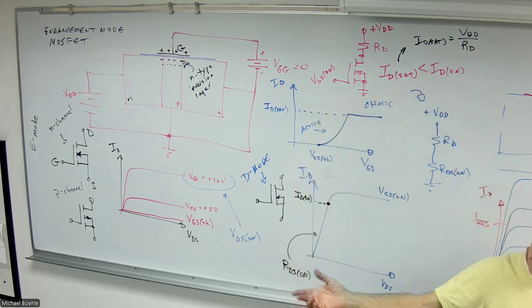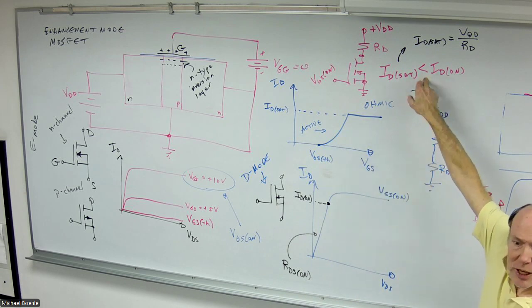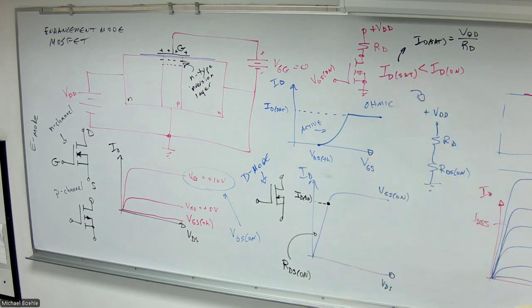So not a lot different than the JFET, except instead of it having to be a lot less than the saturation current, I just have to be less than ID on. Instead of having to be a lot less than IDSS, I just have to be less than drain on current.